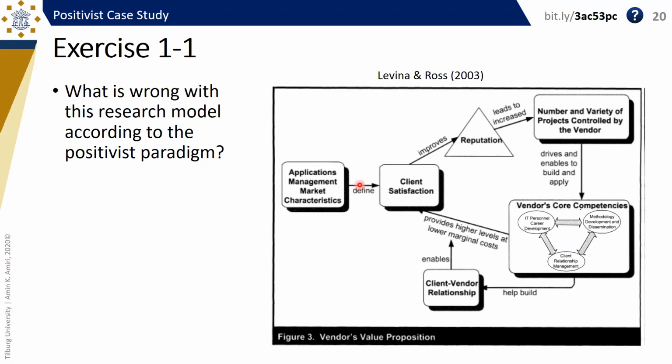But there's something else wrong with this model. And this was published in a top journal in 2003. Anyone else? Many of the factors are basically looped. So any of them could influence one another, but there's no clear distinction between them.